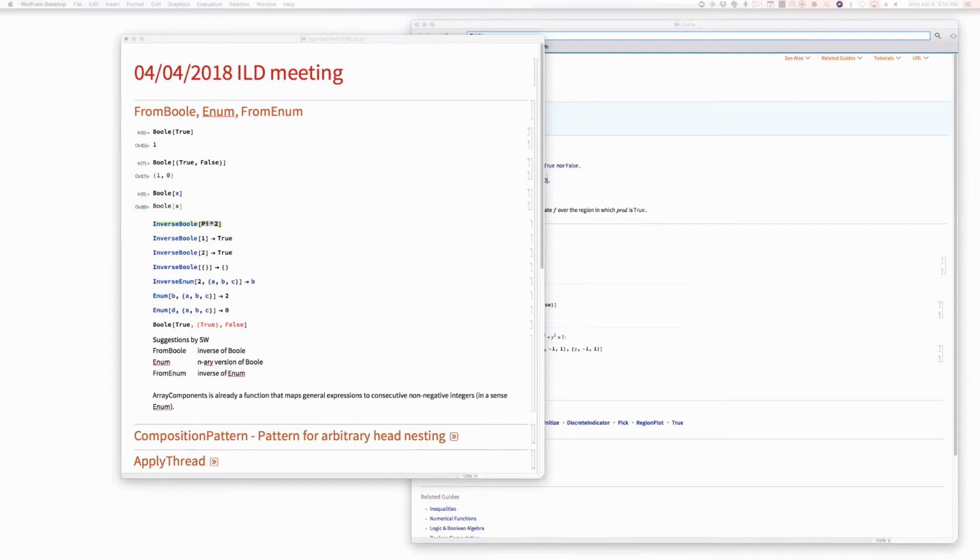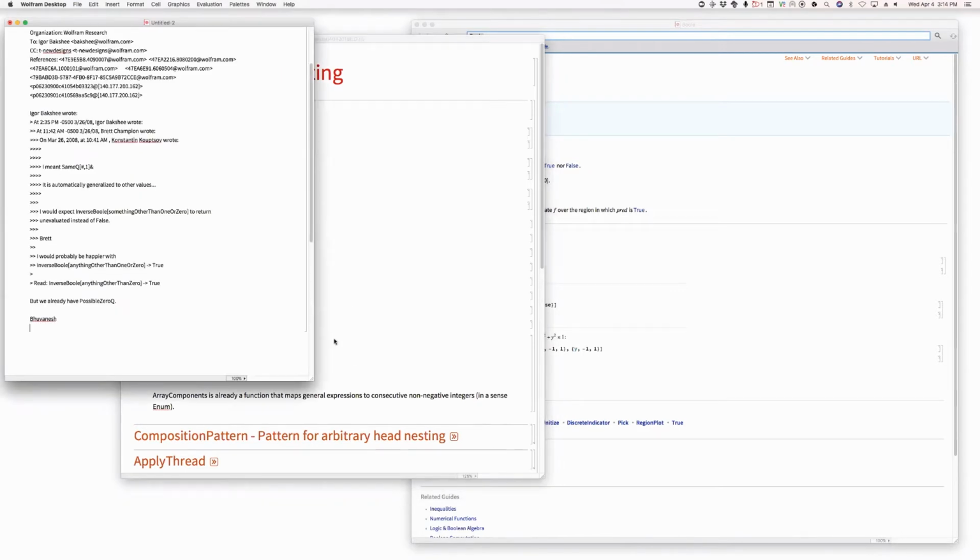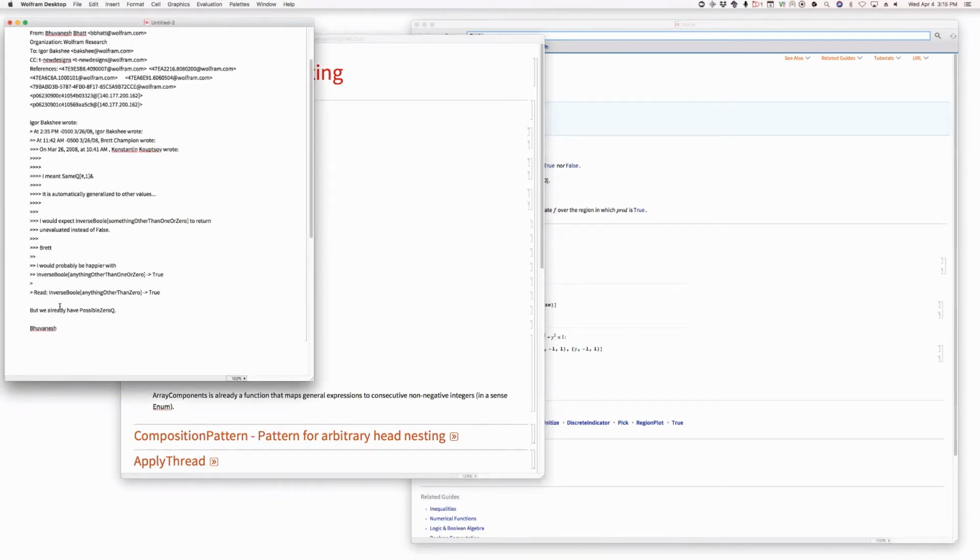Okay, that's amusing. We had a discussion here in which this exact same discussion came up, about the possible 0q.